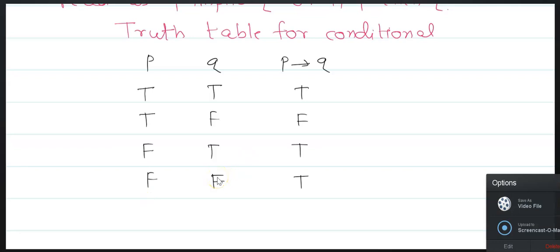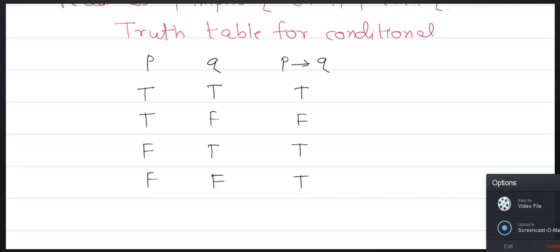In this table, you have to remember what implies. Here is P implies Q. That is T implies T, therefore it is true. T implies F, therefore it is F. F implies T, therefore it is T.